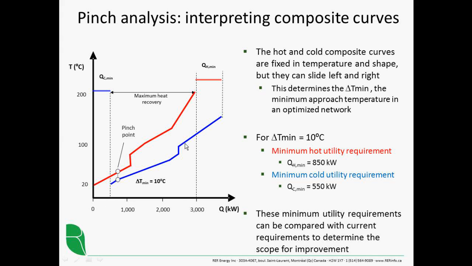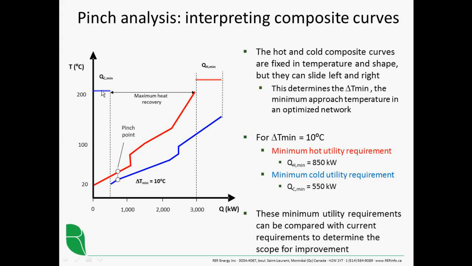Where there isn't overlap between the curves, however, there's no potential for heat recovery. So here, for example, we have this part of the cold composite curve that does not overlap with the hot composite curve. So we have to heat this with utility. There's no other choice. And similarly, on this side, we have no overlap. So this part of the hot composite curve has to be cooled with your cold utility.